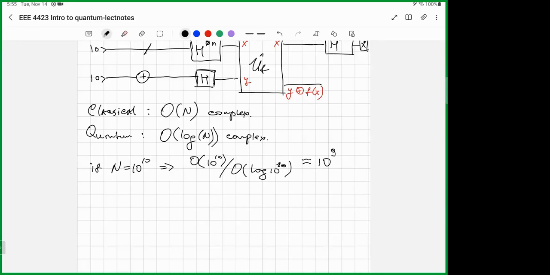So this is 10 to the power of 9 times speed up. Speed up of the quantum algorithm comparing to the classical one.